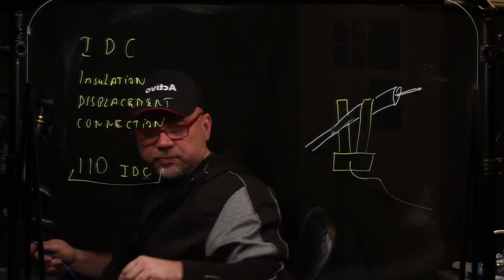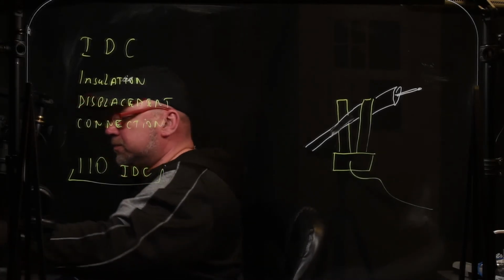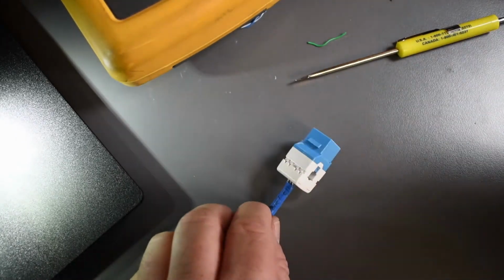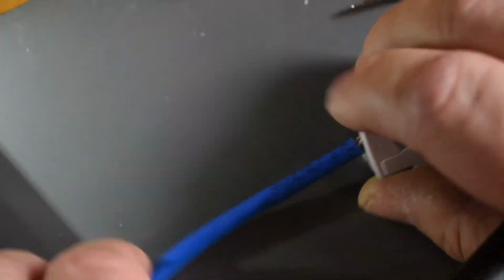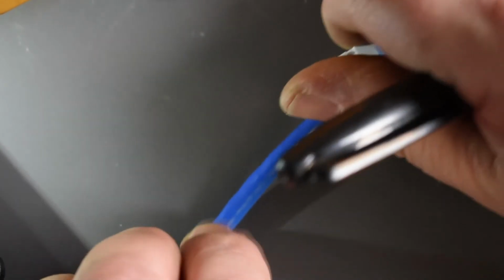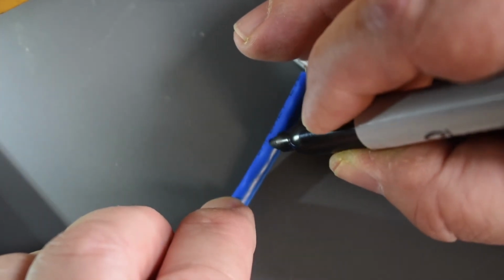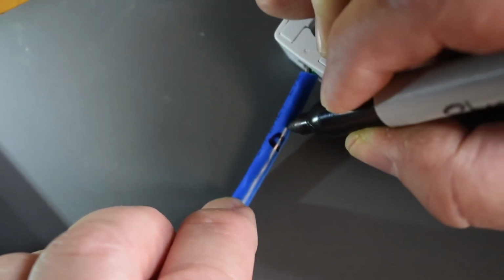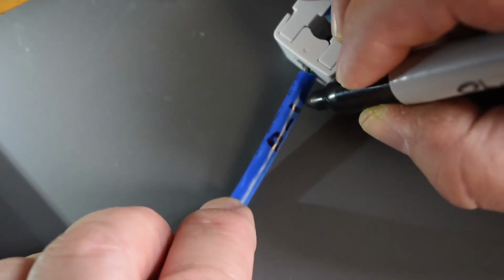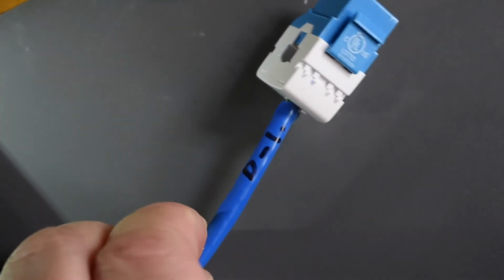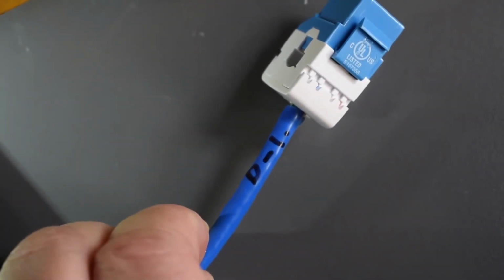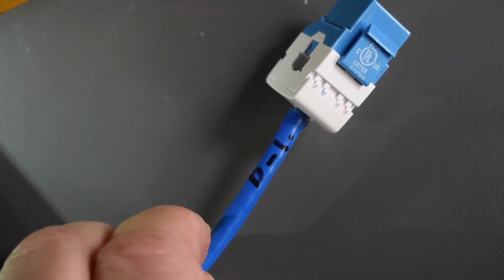So what you're going to do is get your Sharpie and label this. Let's say we're going to label this D1, and put a dot under after that. Okay. We can put D01.